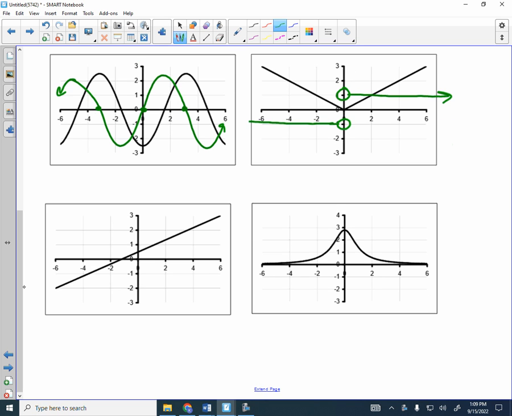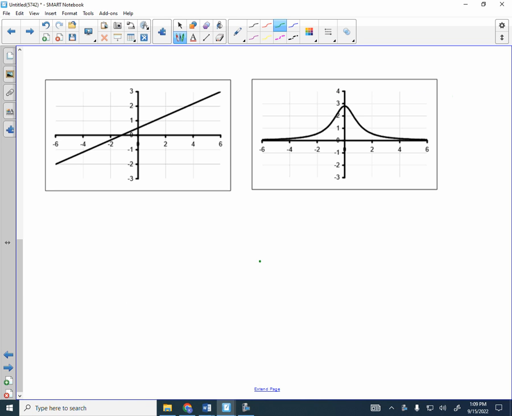How would you describe this slope? Positive. Estimate it. Okay, can we all just say it's about 1? Is it ever not 1? No. The slope is always 1.